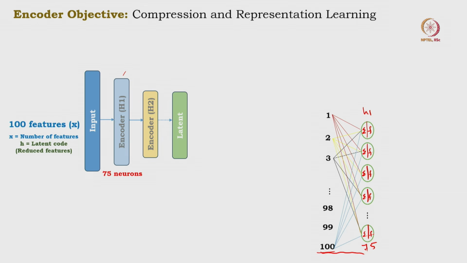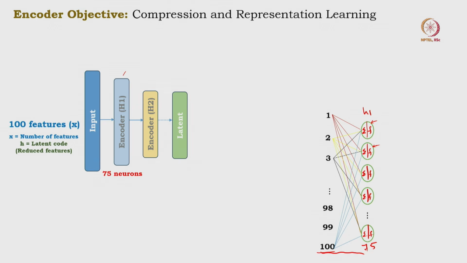When we take this summation for the first neuron, is it not a combination of all of the inputs? For this summation, the first feature is reaching, the second feature is reaching, the third feature is reaching, and so on, up to the 100th feature. Similarly, for the next neuron, this summation is once again the input from the first, second, third, and so on up to 100.